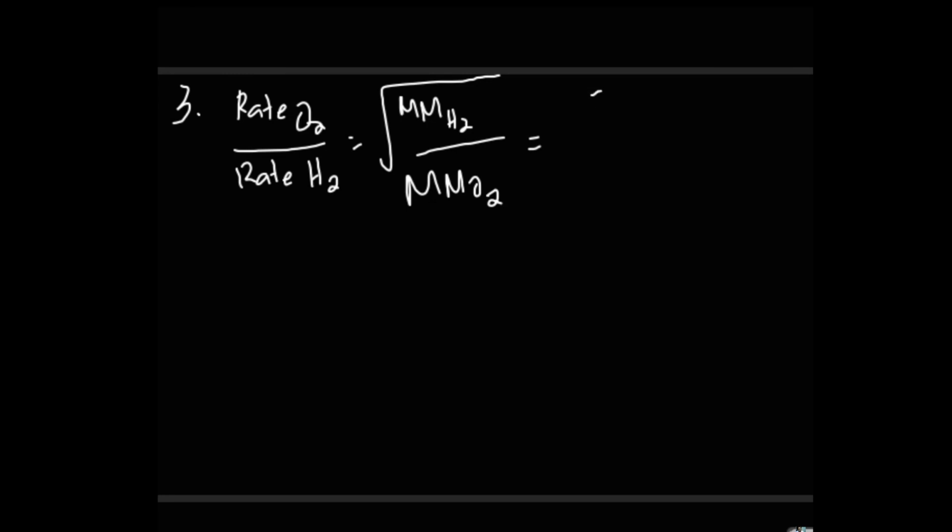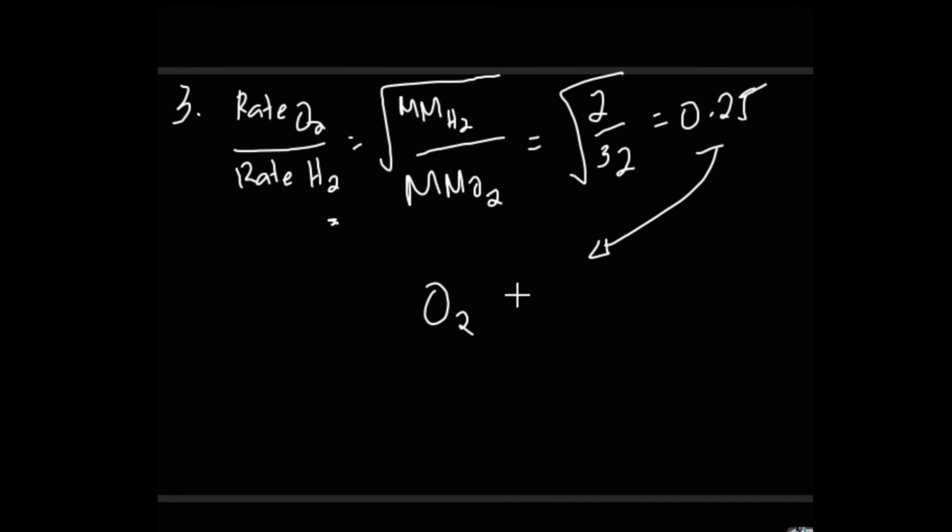And this gives us the square root of 2 over 32, which is equal to 0.25. The computed value tells us that oxygen gas moves 1/4 times as fast compared to hydrogen gas.